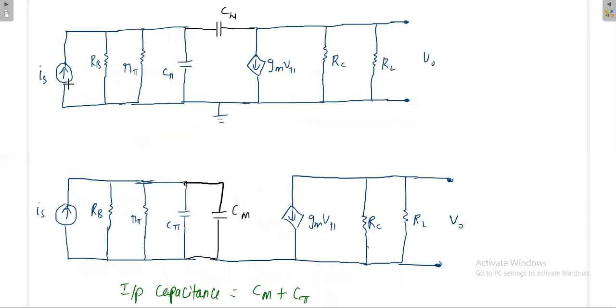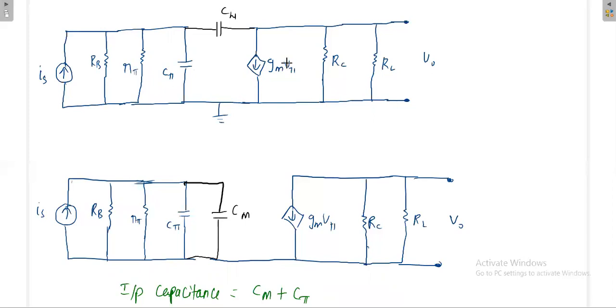Is is the source current, and as it is a current source, there will be a resistance in parallel, the biasing resistance RB. R pi is the small signal equivalent resistance at the input side. C pi is the capacitance at the input side, and C mu is the common capacitance between the input and output.